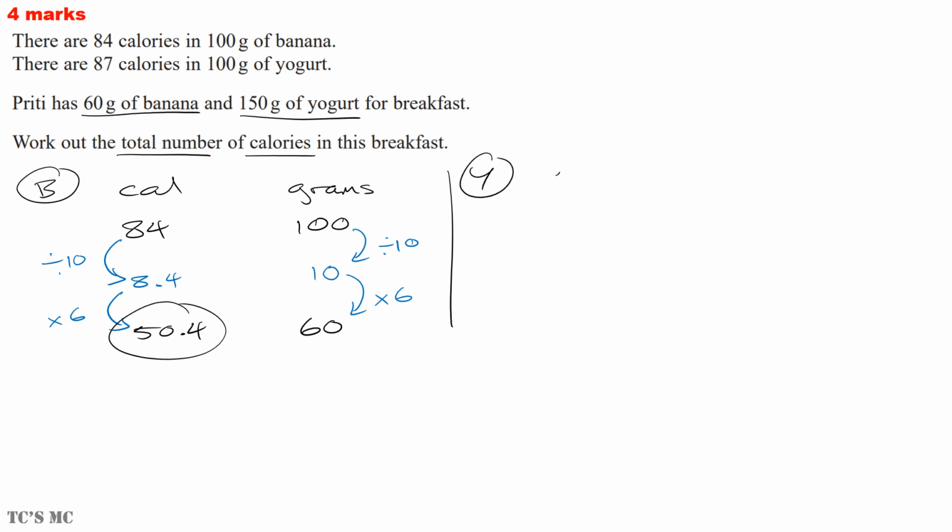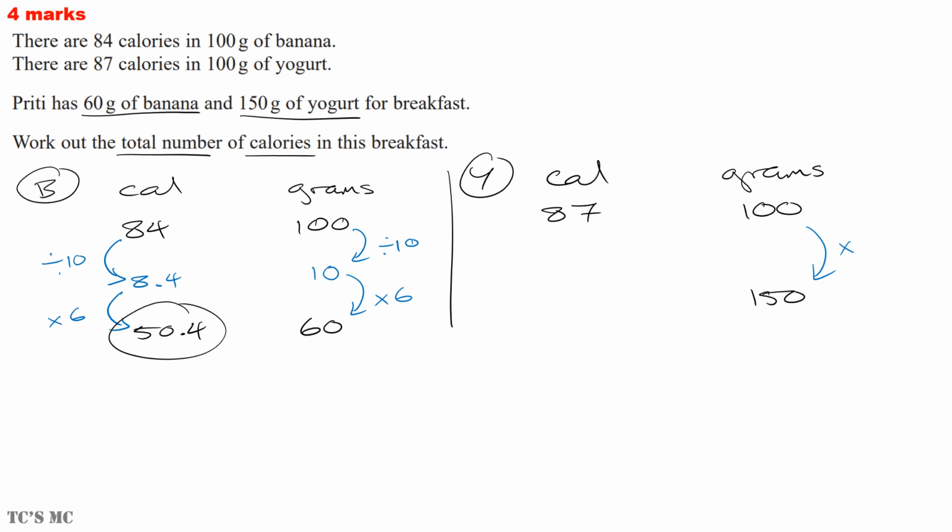Again, we're working with calories and grams. We know that 87 calories is from 100 grams. We're trying to work this out for 150 grams. I know that I can multiply by something to go from 100 to 150.